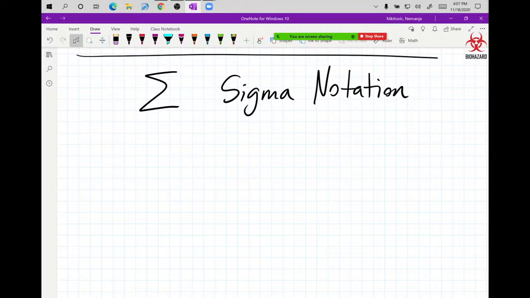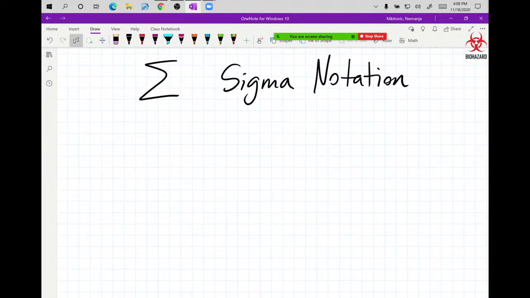So first of all, summation notation, this sigma is actually the Greek version of the letter S, and it stands for sum, addition. So it's a discrete type of notation, meaning that it operates over integers.